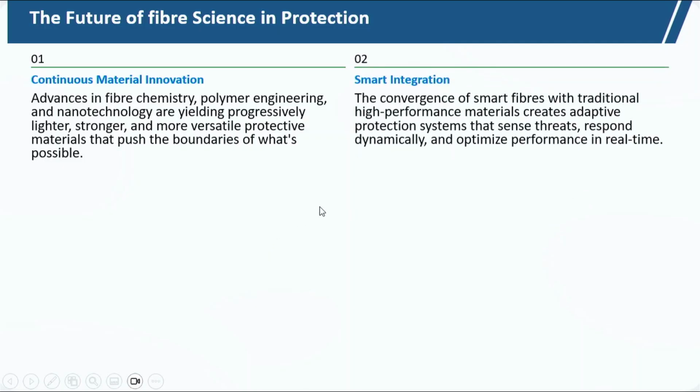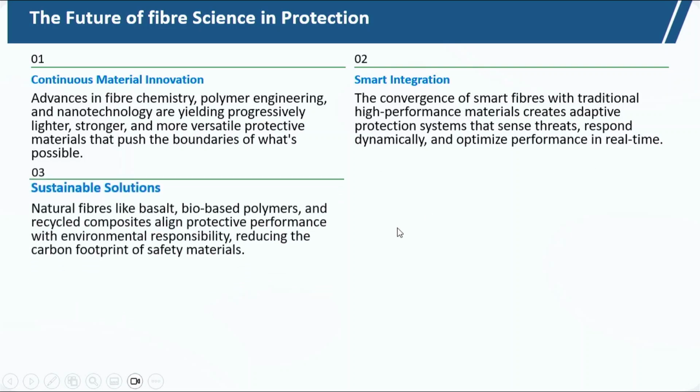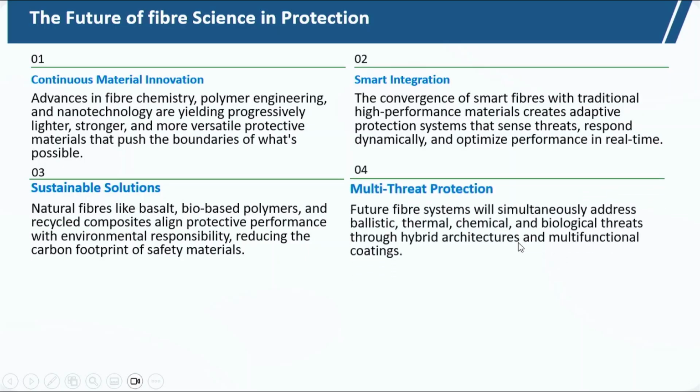And then smart integration should be there. We can incorporate nanotechnology and go towards smart fibers, which create adaptive protection, and sustainable solutions. So, we should use biodegradable bio based polymers, and multi-threat protection.